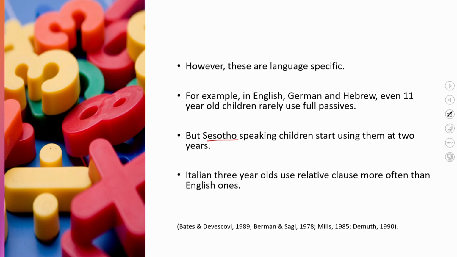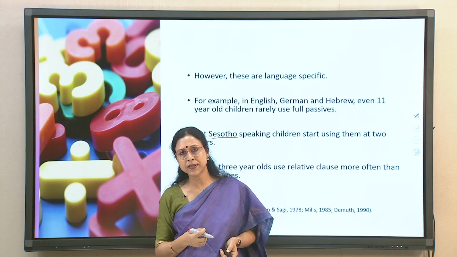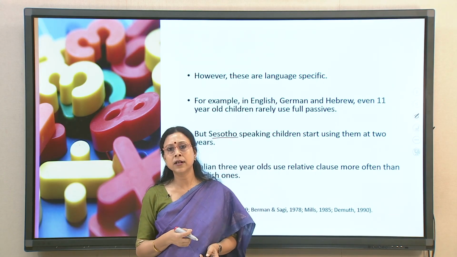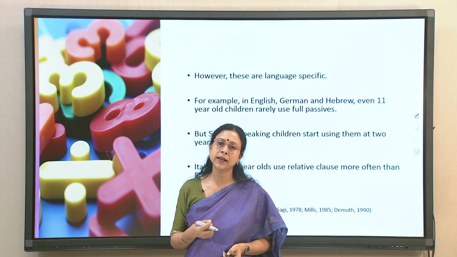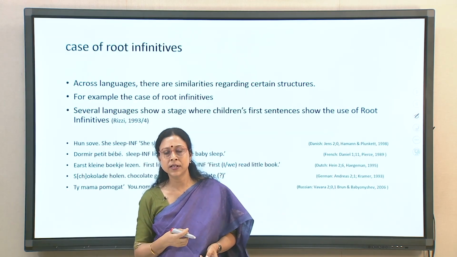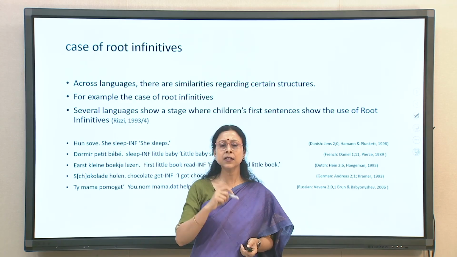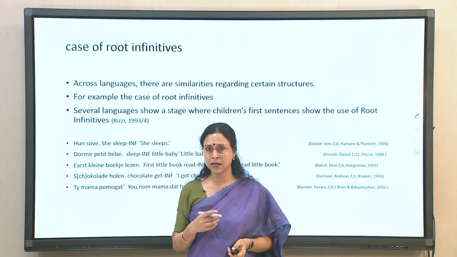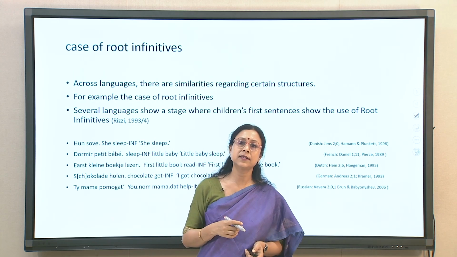In Italian, 3-year-olds use relative clauses more often than English ones. So it is actually a language specific property. It may not always be true that all children across all languages will find negation, passive and relative clauses difficult.